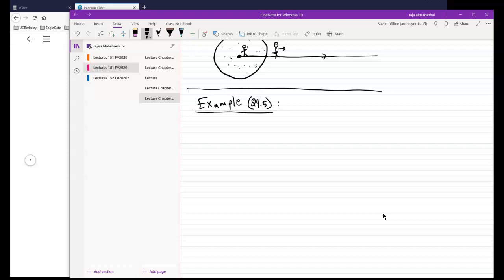Let's say you have a wire. Try to make it as thin as possible. Again, we'll assume it extends from both sides, say miles and miles, and let's assume hypothetically that it is positive, like that.